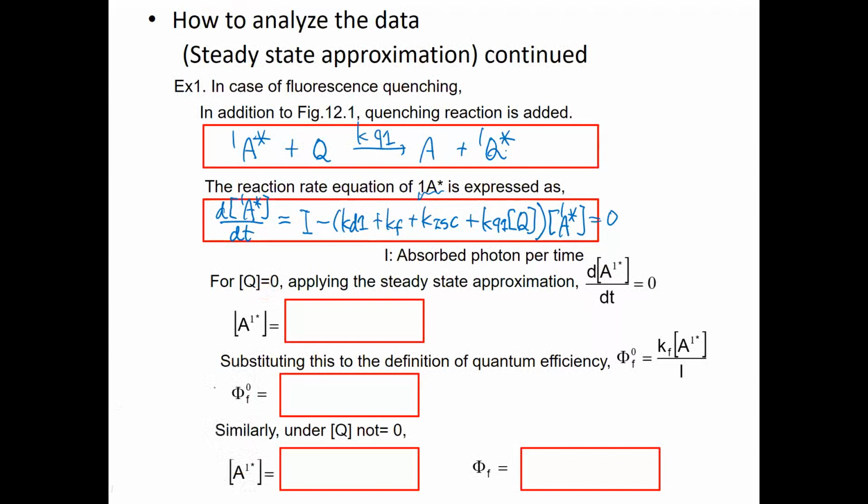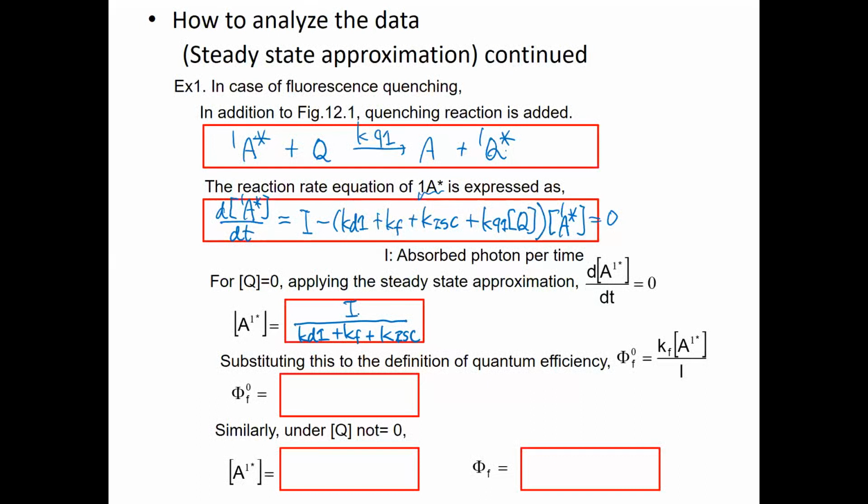So by taking this equation equal to zero, this singlet excited state concentration can be written as I over KD1 plus KF plus KISC, right?